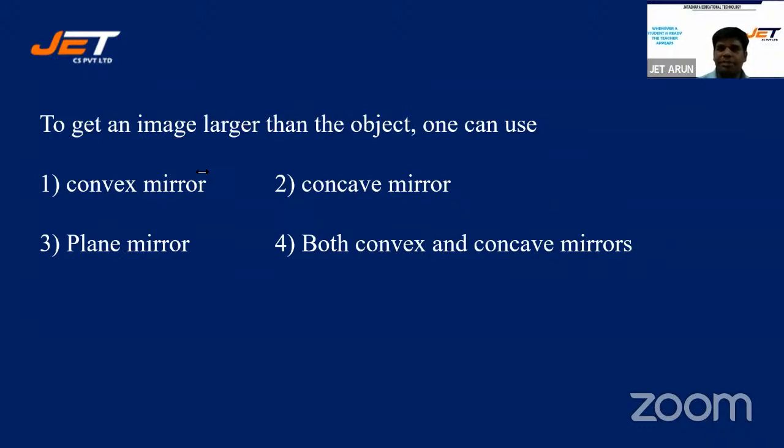Minified image, diminished image. Can you get an image which is larger than the object in a convex mirror, Varshini? Right. So it's concave mirror. Yes, that's right. So in a convex mirror, you cannot get an image which is larger than the object. Good, you got the point. I appreciate that. So it's concave mirror. Excellent.